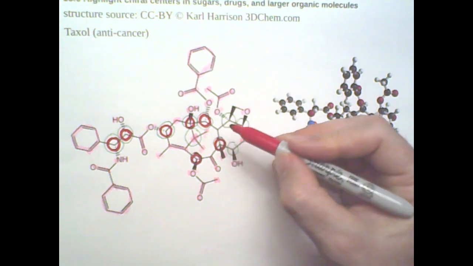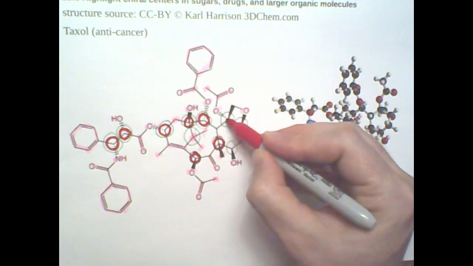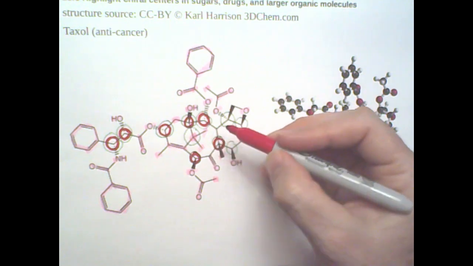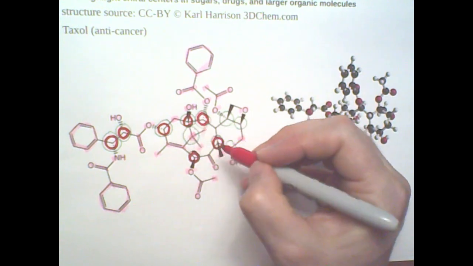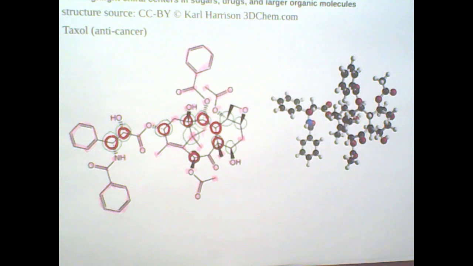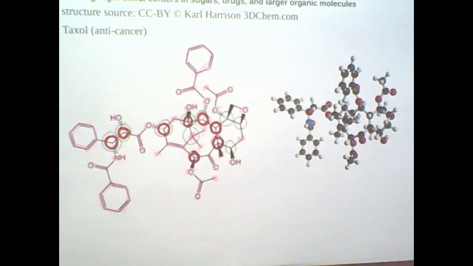I missed one. We haven't done anything with this carbon. It's got a ring going this way, 2 rings coming off below, a different ring going to the left, and an implied hydrogen. That's a chiral center. It's our only chiral center that does not have a wedge or dash coming off of it.